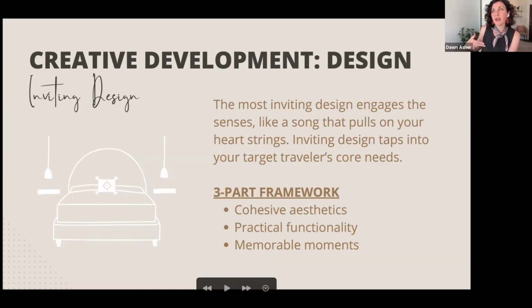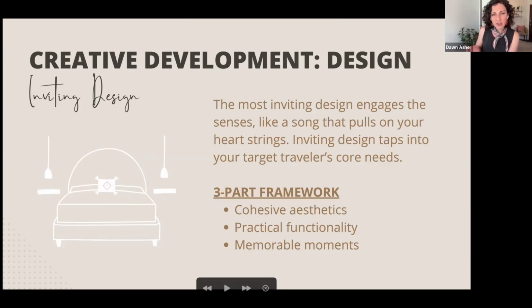Are you in a busy city, where the real draw is the city life and the restaurants? It just depends on what your target traveler is looking for. The type of experience they're looking for will then determine how your home is stocked, basically.